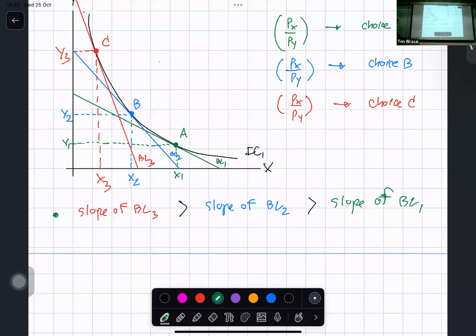And we also observe this. The red one is the steepest one. Slope of BL3 is higher, steeper than slope of BL2. BL2 is steeper than BL1.